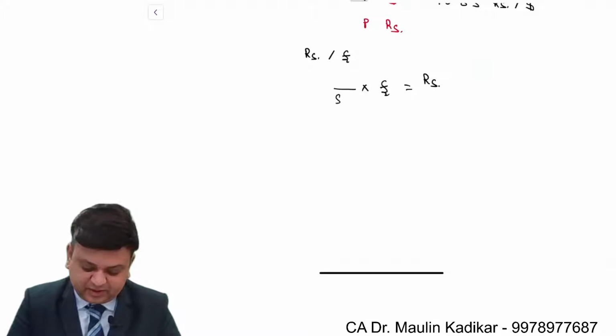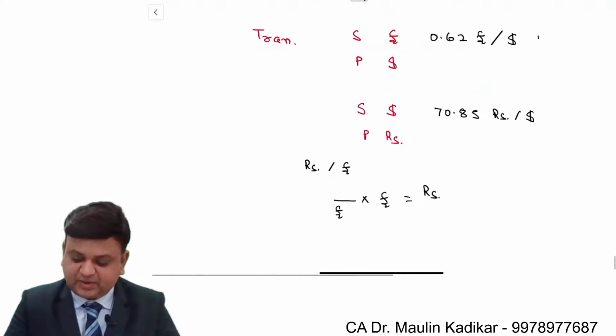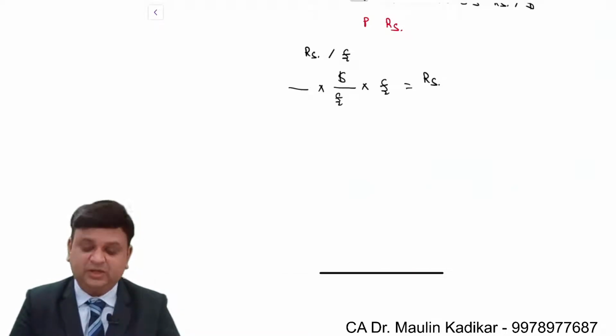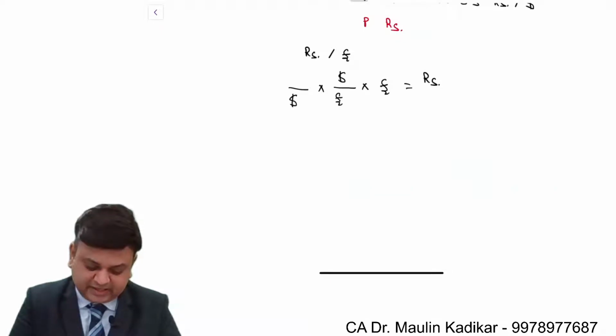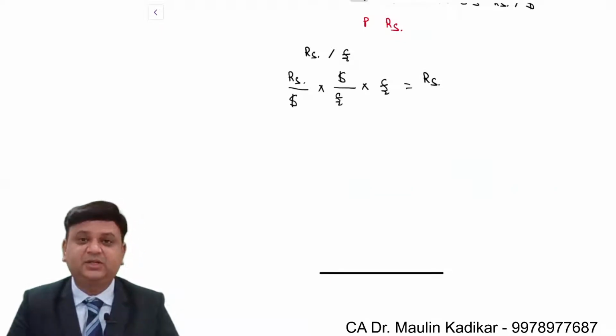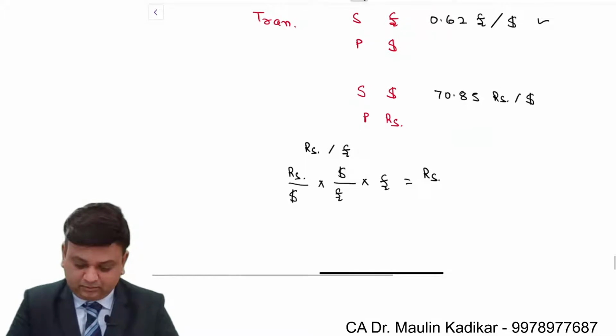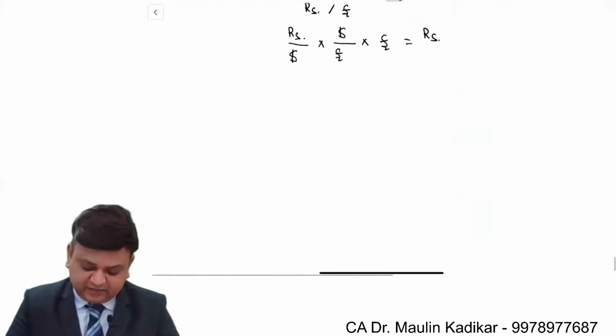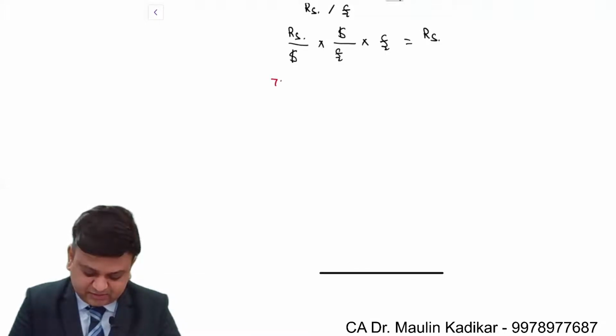Answer is required per pound. Against pound, which currency is given? Dollar. I want the answer in rupees, not in dollar. So to cancel the dollar from the numerator, it is kept in the denominator. I want rupees per dollar, 70.85. So I'll keep it as it is.